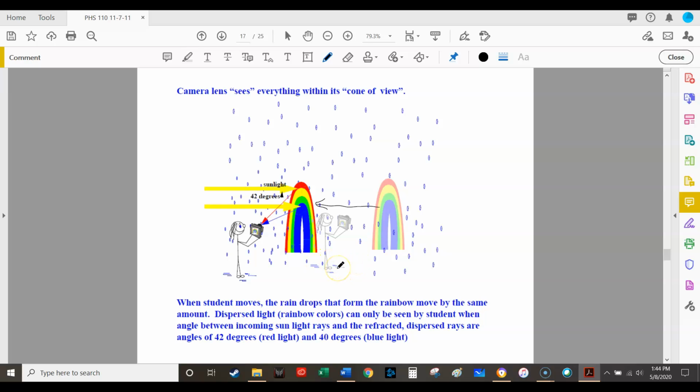Since your 42 degrees has to be maintained, the rainbow is just going to move back and forth with you. That's why you should never go chasing rainbows, because you'll just end up running forever, or you'll end up running into the rain, and then the rainbow will disappear. But my point is that what you have to do is buy a wider angle lens, and that will allow you to catch that 42 degrees inside. So that's what she should do.